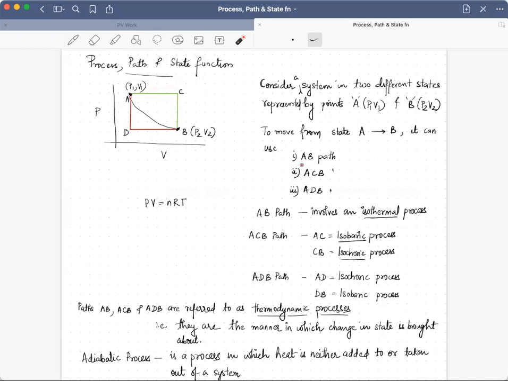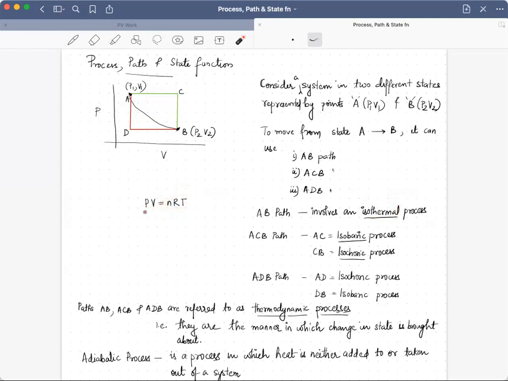If you see the AB path, there is a continuous change in the pressure and volume while the system is undergoing the transformation in order to reach the point B. This particular path can be said to be an isothermal process, because here the only variables are the pressure and the volume, and the rest of the terms are constant.